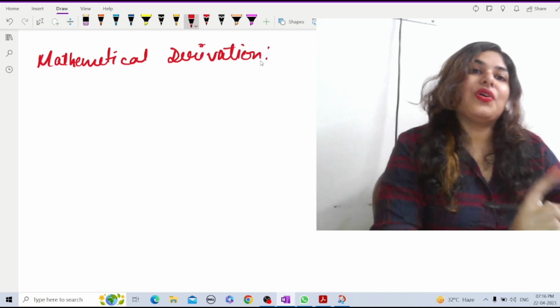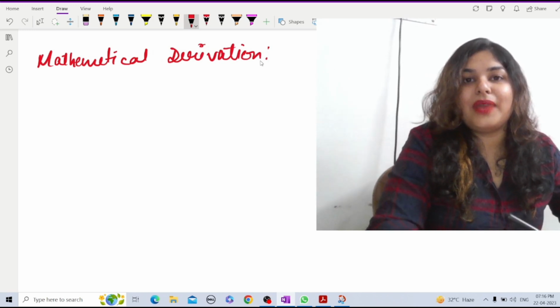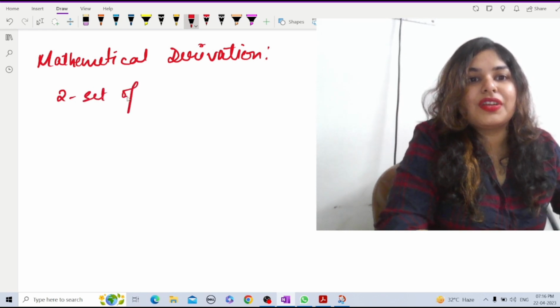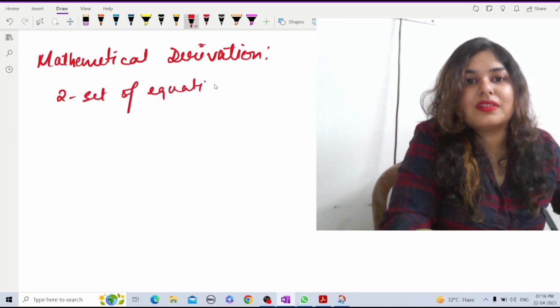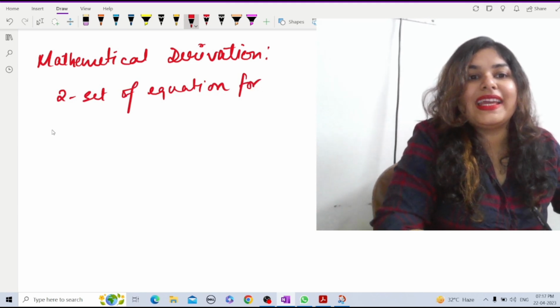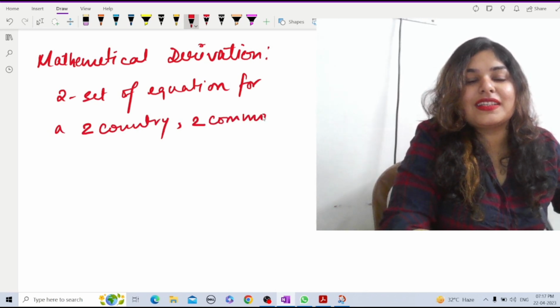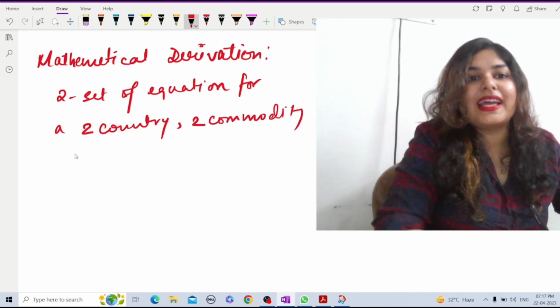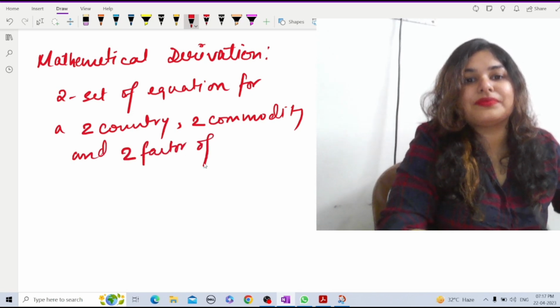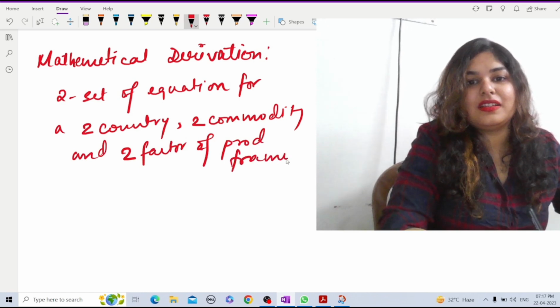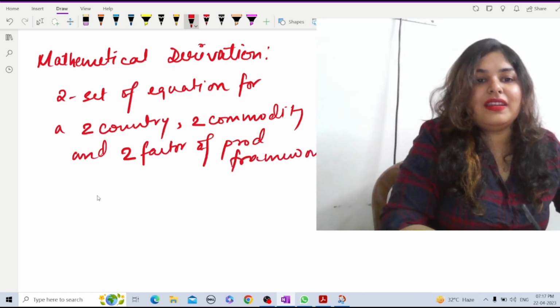For this, the first step is, let us assume two equations for a two commodity, two factors of production framework.